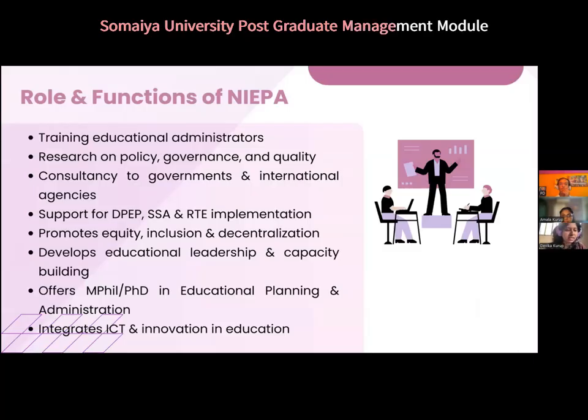The roles and functions of NIEPA: training in educational administration, that would be teachers, HODs, principals, anybody who comes under the educational system. Research, policy, governance and quality. It affiliates with research-based quality assessment.